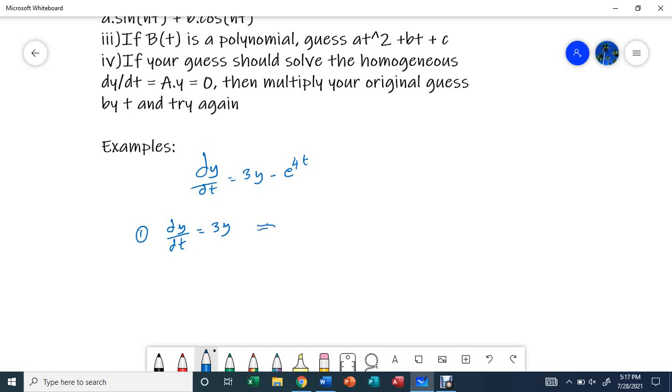I'm going to divide both sides by 3y, so I get 1 over 3y dy equals, and multiply both sides by dt, so equals dt. Now integrate both sides.